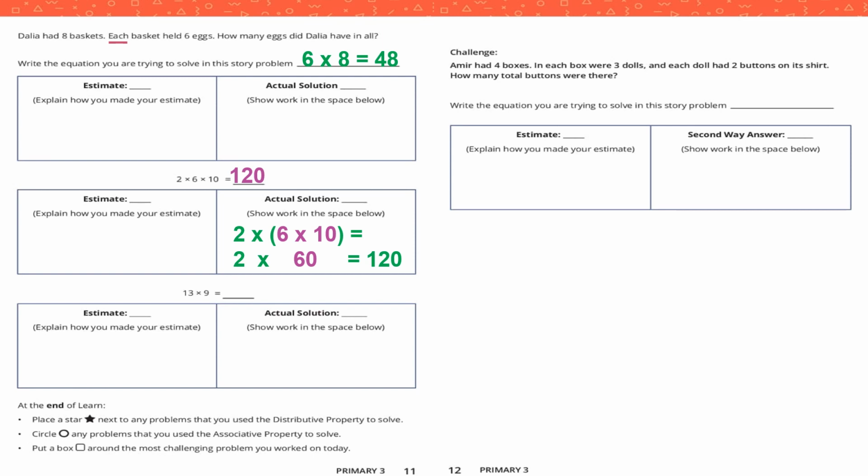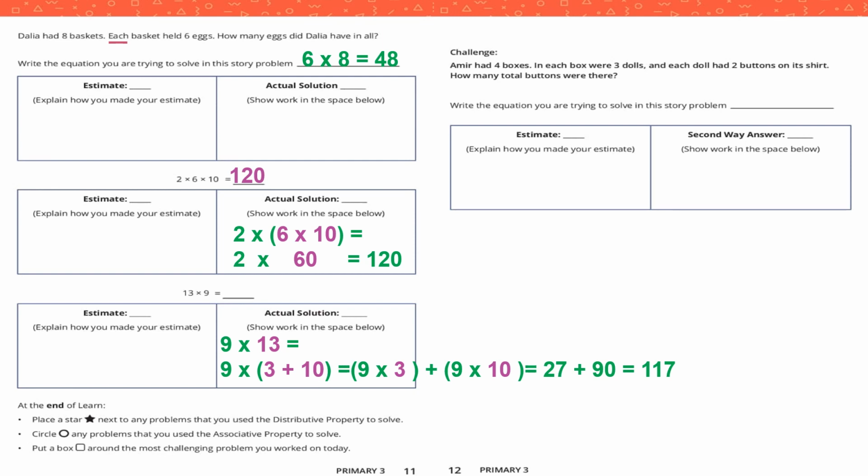The last one, 13 times 9. 13 is a very big number. Okay, I don't know it from the tables. So what should I do? I can use the distributive property to solve it very easily. Like this. 9 times 13 equals 9 times, I will split this 13 into 3 plus 10.